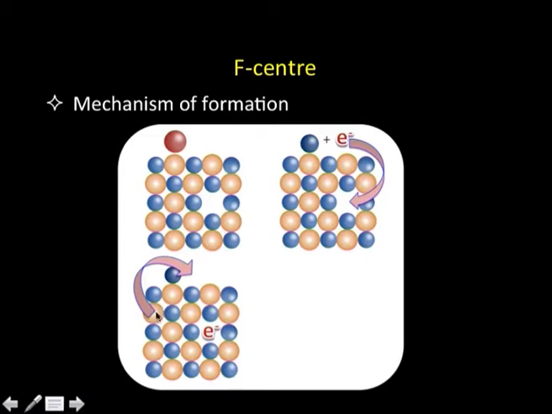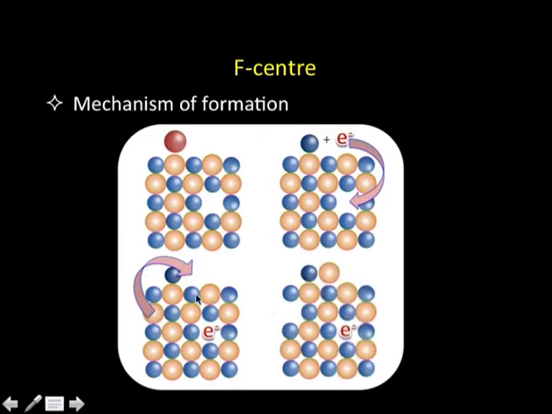This anion will move and come out over here, and as a consequence we get an anion vacancy here, and we have sodium chloride over there. That means this is my sodium ion, this is my chloride ion which has moved from here to here. And then this is my F center wherein the electron has been captured in an anion vacancy, and this is the material which is giving me color.